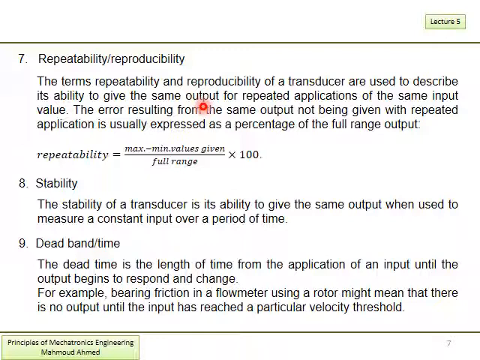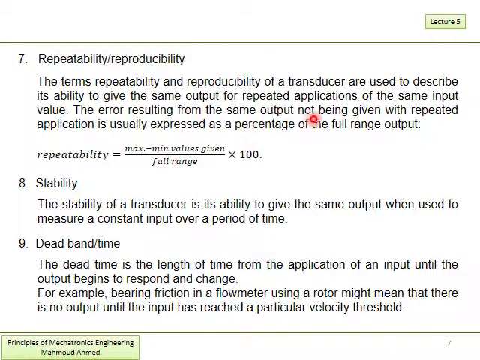This means how often I get the same output value for the same input. The error resulting from the same output not being given with repeated application is usually expressed as a percentage of the full range output.